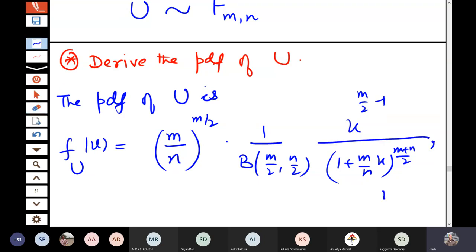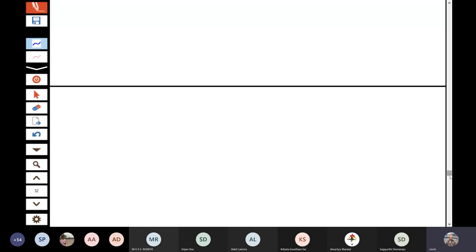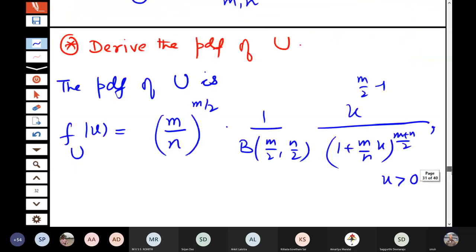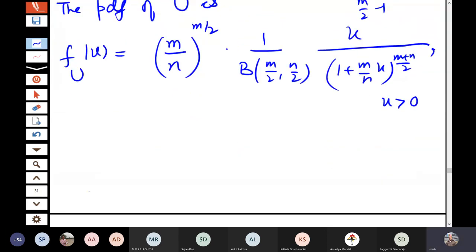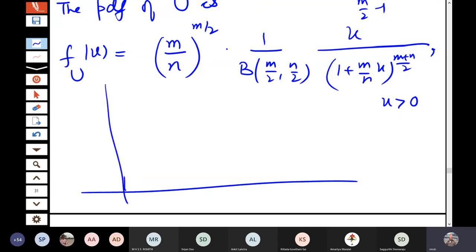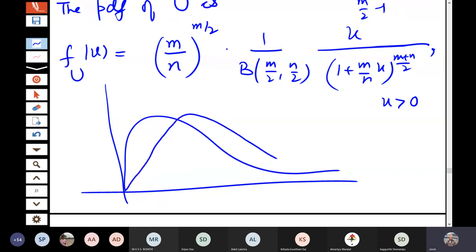And u is positive. This is a positive valued random variable. In fact, if you plot it, the plots will be like this, positively skewed. Of course, depending upon different values of m and n, you will get different shapes here. Okay.